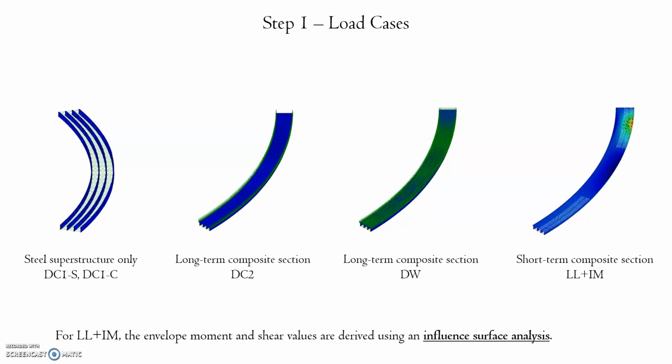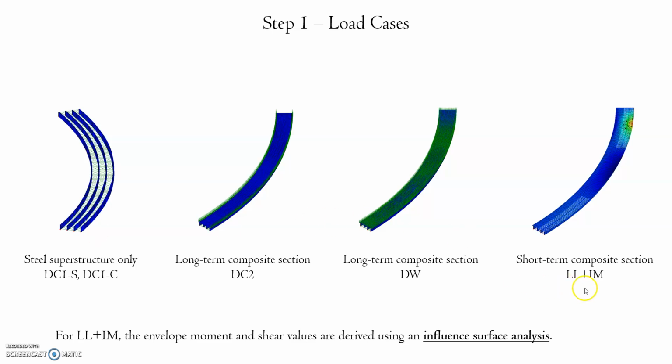DC1C refers to the effects of the wet concrete load on the bridge. DC2 refers to the effects of the barrier line loads on the long-term composite section. DW is very similar but refers to the effects of the wearing surface, and LL plus IM refers to the effects of the live load on the short-term composite action, really, including the dynamic load allowance.